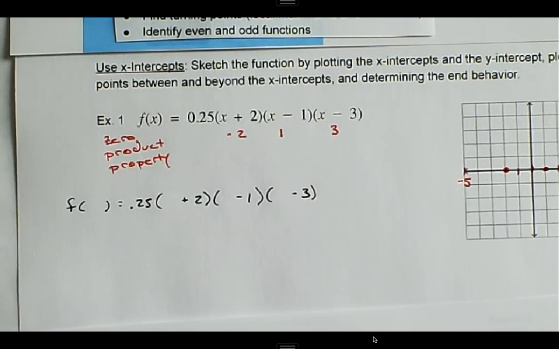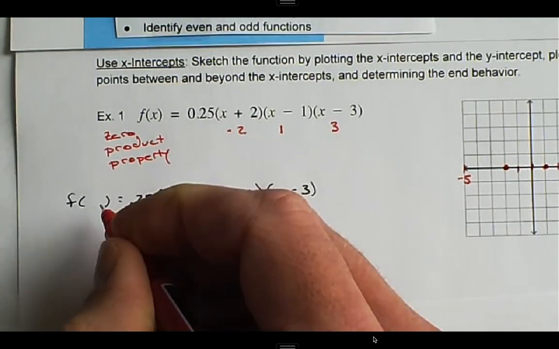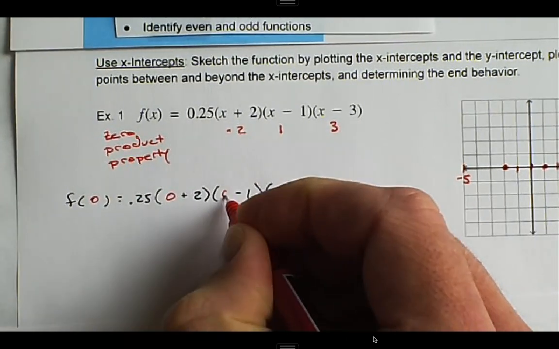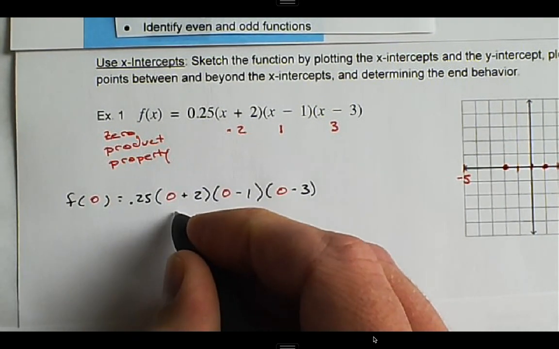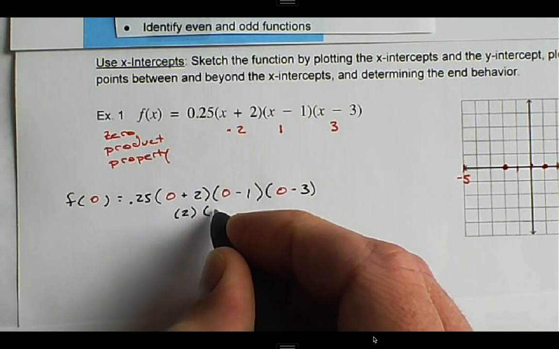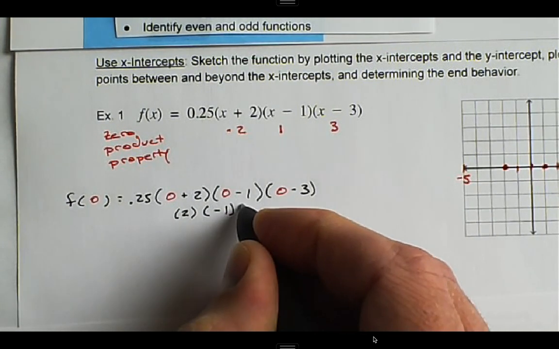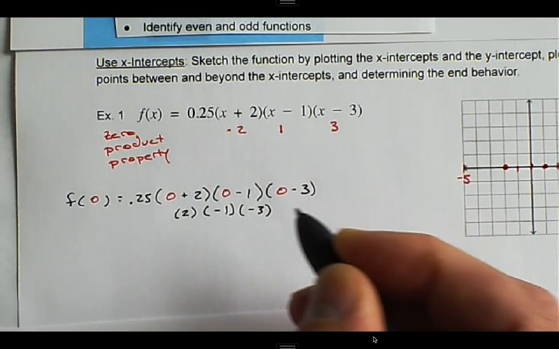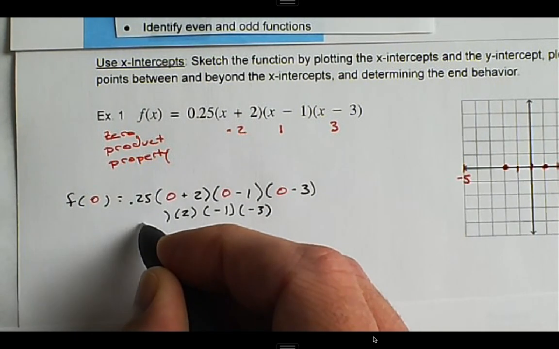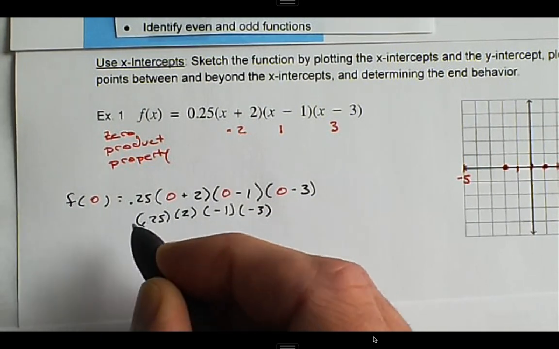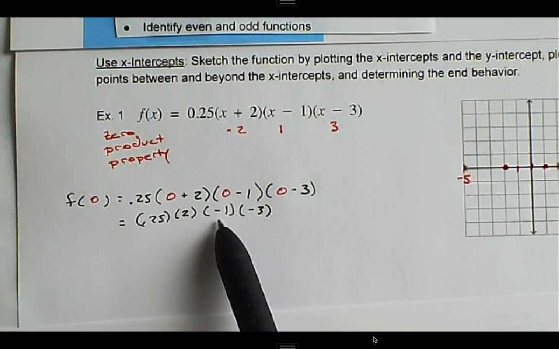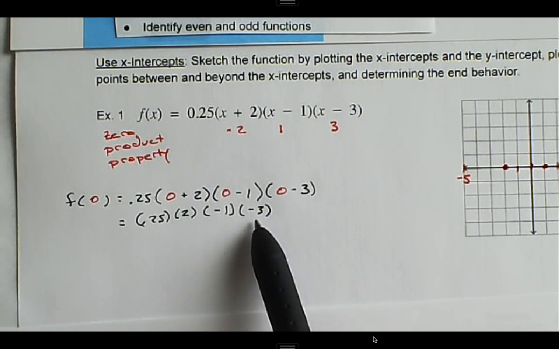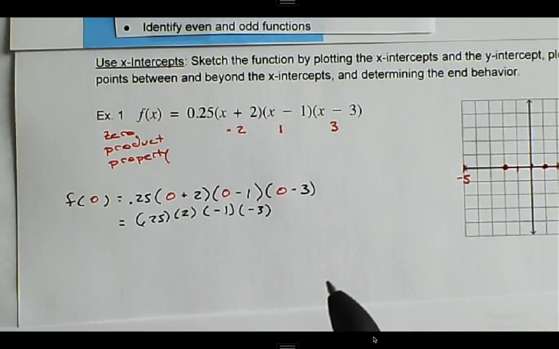If we evaluate this function at 0, zero plus 2 is 2, minus 1, minus 3, and then we multiply by 0.25. 2 times negative 1 is negative 2, times negative 3 is 6, times 0.25 is 1.5.